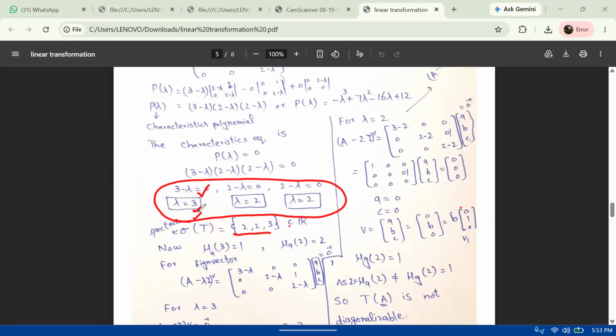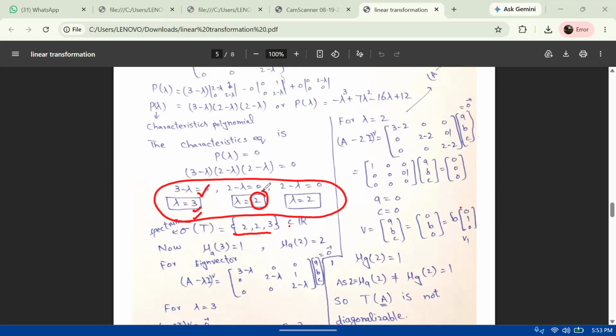But the algebraic multiplicity of lambda equal to 2 is 2, because this eigenvalue comes 2 times. In simple words, algebraic multiplicity means how many times an eigenvalue is repeated. If it's repeated 3 times, we can say that the algebraic multiplicity is 3.